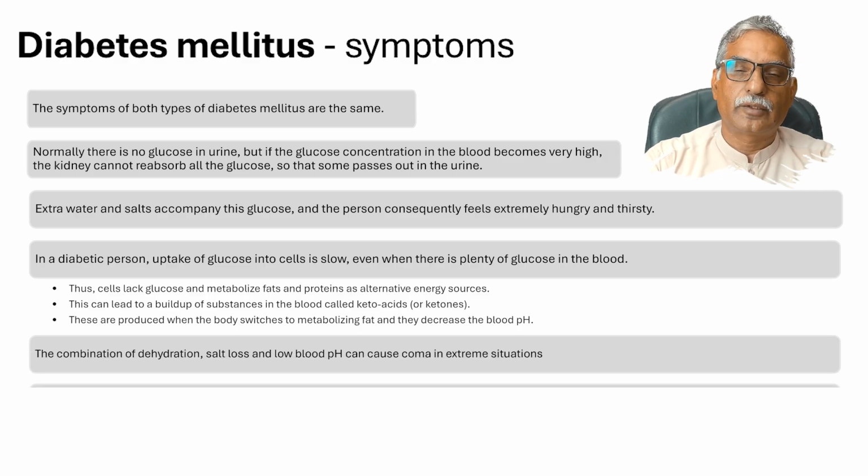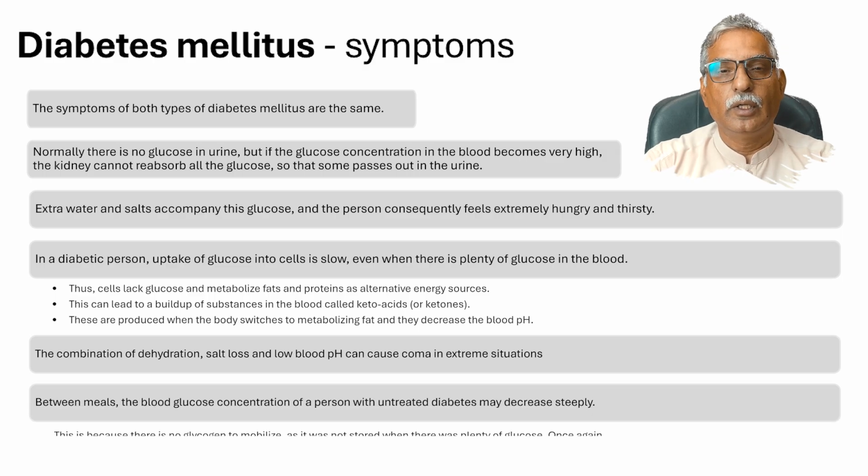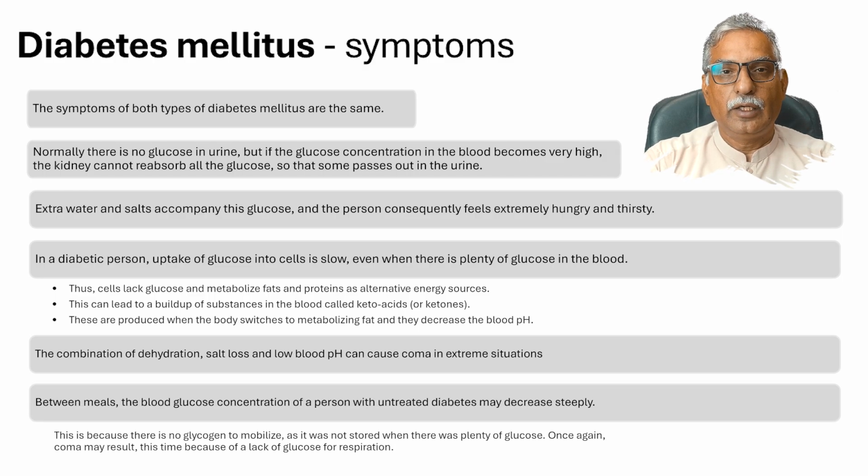Now let's discuss how these symptoms appear, the reasons for these symptoms. You know that insulin actually stimulates liver cells and muscle cells to take up extra glucose. Without insulin, these cells do take glucose, but only for their normal needs. But when insulin is there, these cells take up a lot of glucose and store it in the form of glycogen.